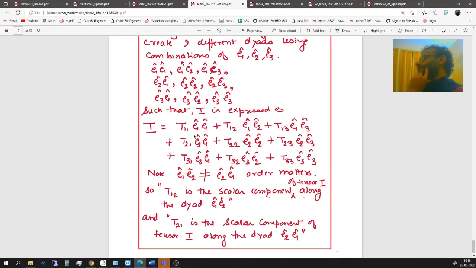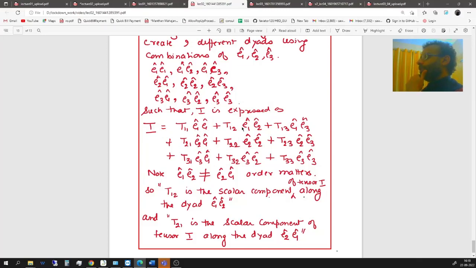Once you have this new dyadic basis made with dyads, you can express a tensor T of second order in this manner, what I have shown. So what is happening here?